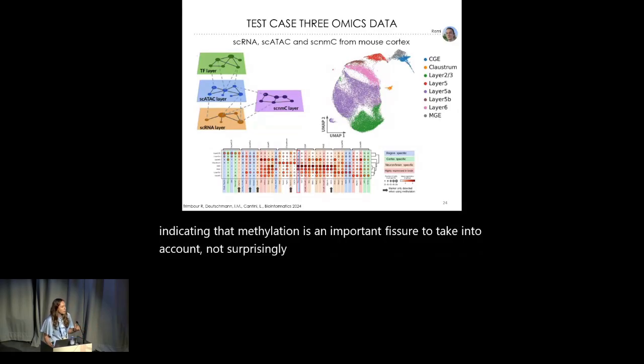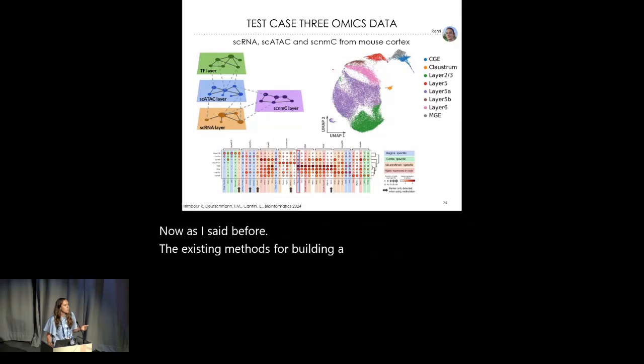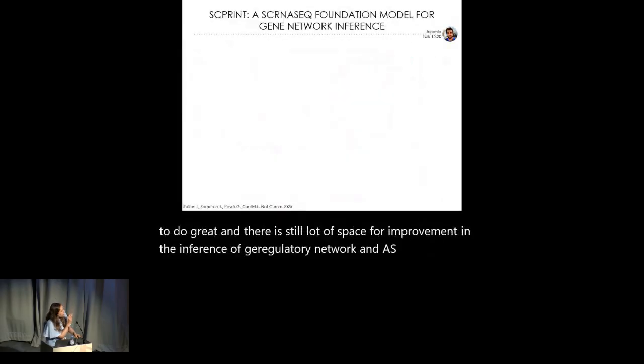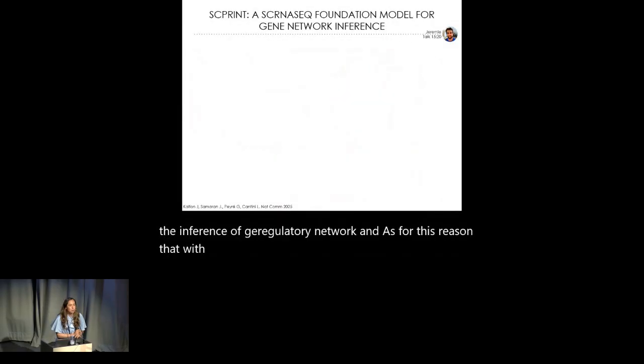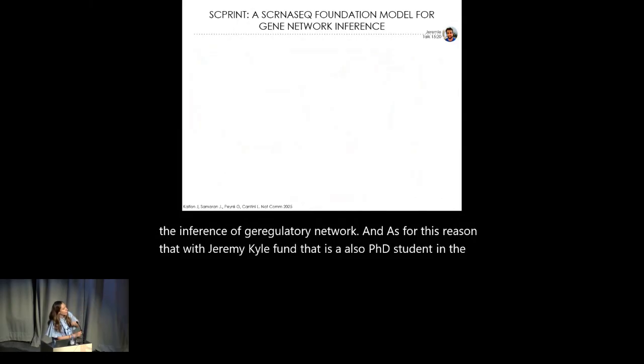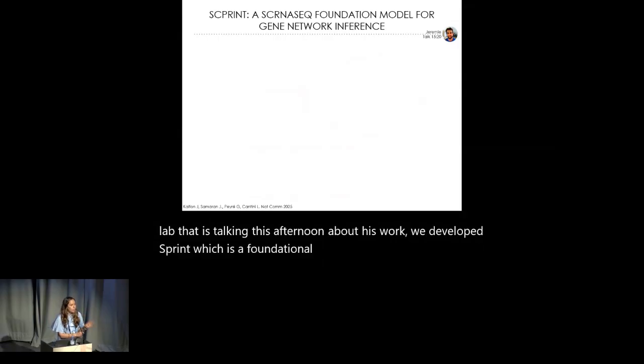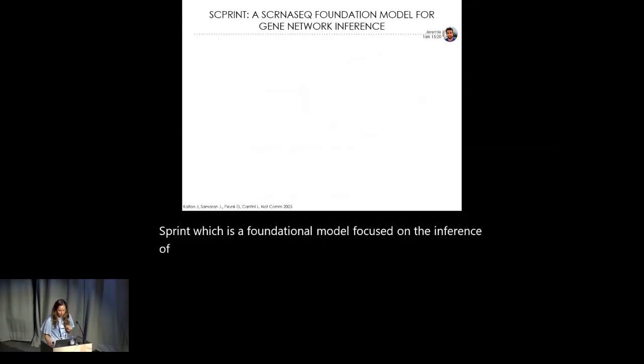Now, as I said before, the existing methods for building single layers don't seem to do great, and there is still a lot of space for improvement in the inference of gene regulatory networks. And it's for this reason that with Jeremy Calfon, who is also a PhD student in the lab and is talking this afternoon about this work, we developed SPRINT, which is a foundation model focused on the inference of single-cell GRN.